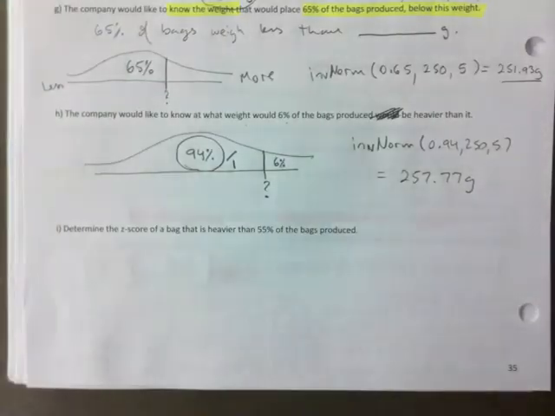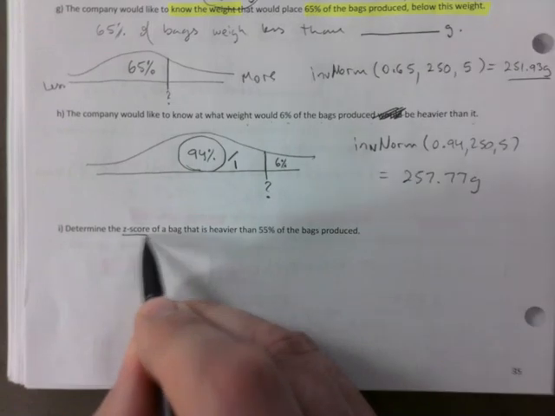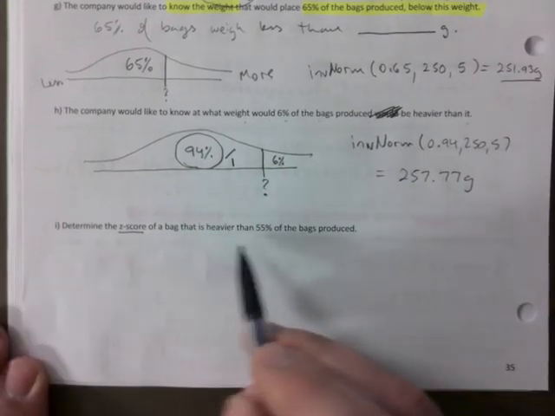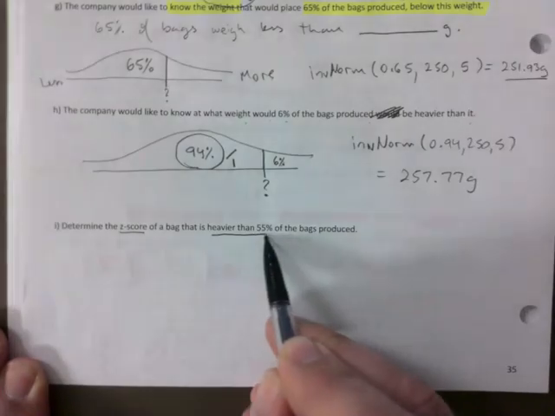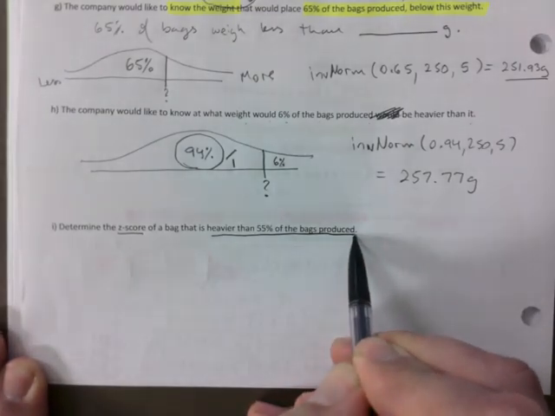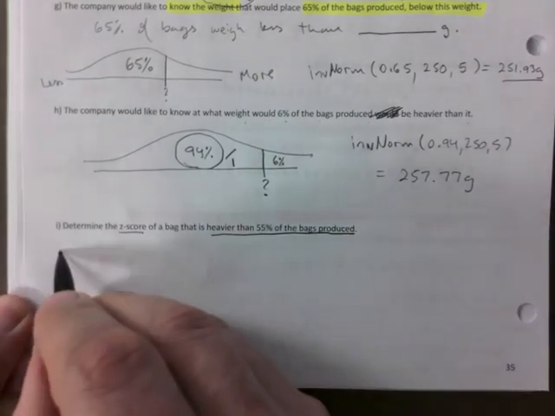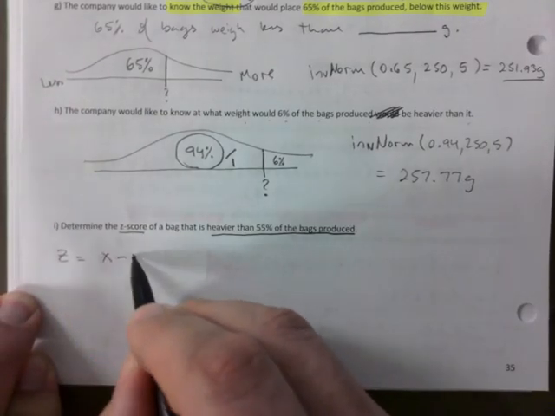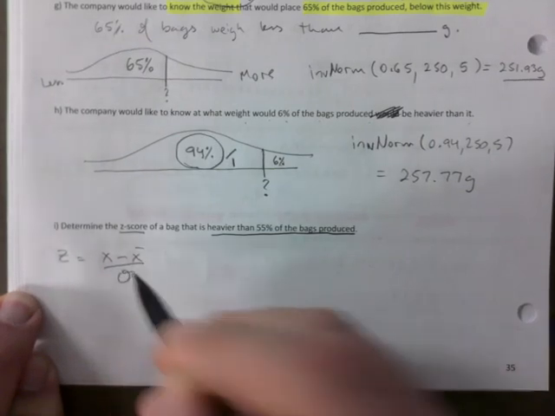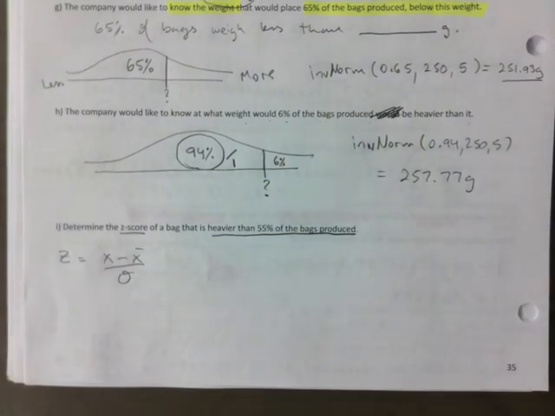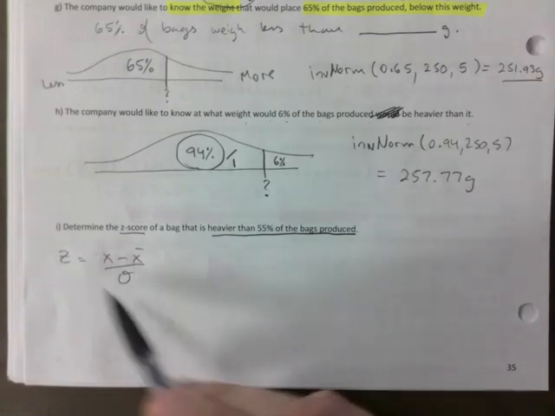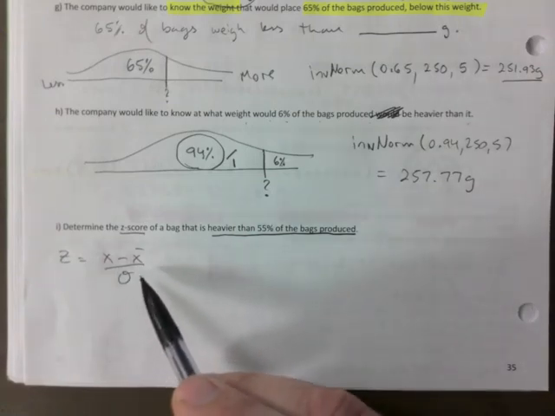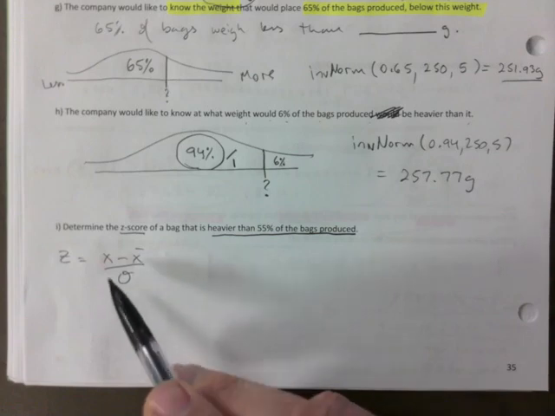And that last one, I don't know if you were able to do that. Determine the z-score of a bag that is heavier than 55% of the bags produced. Let's pretend you have this formula on your study sheet and you want to use it.